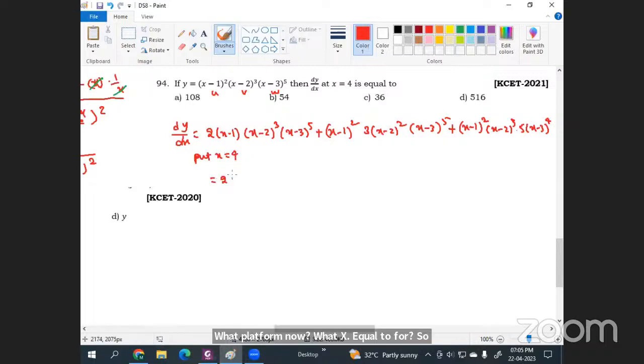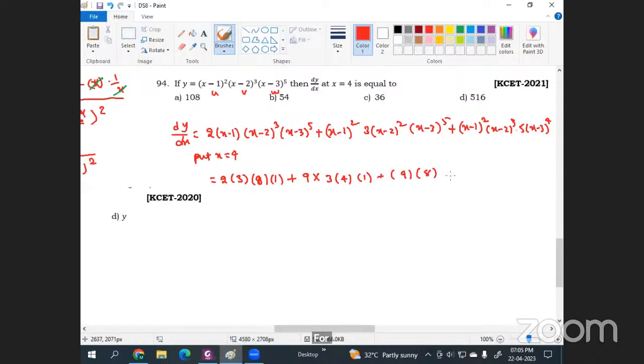So that equals 2 into 3, 2 cubed is 8, into 1, plus (4 minus 1) whole square is 9, times 3 times 4 is 1, plus 9 into 8, and 5 into (x minus 3) whole power 4, that is 1.